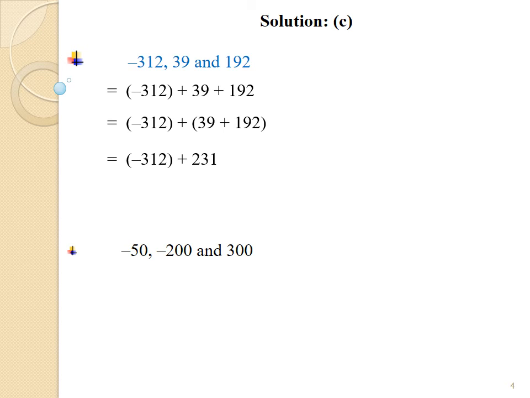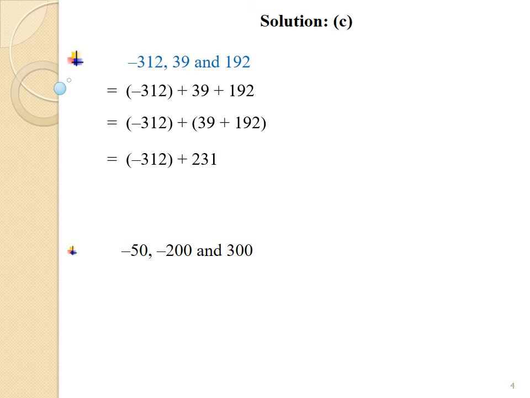Students, now we get two integers, minus 312 and 231, where minus 312 is negative and 231 is positive. As both integers have opposite signs, we have to subtract as a whole number from bigger to smaller by ignoring the sign.